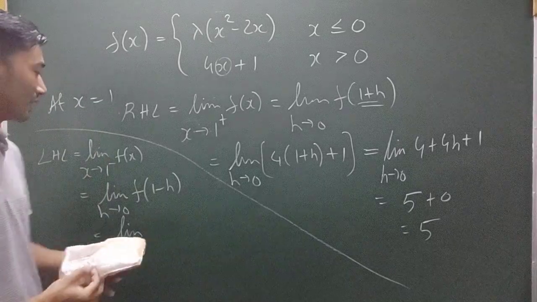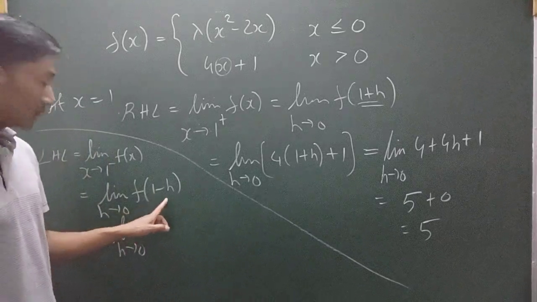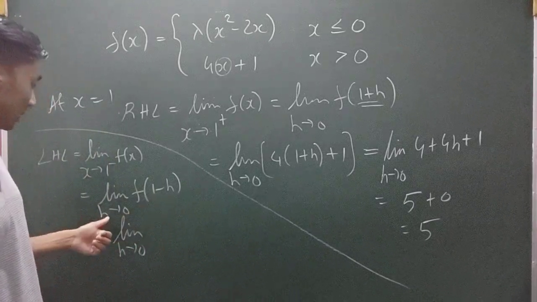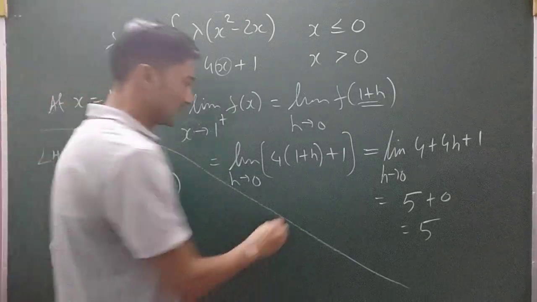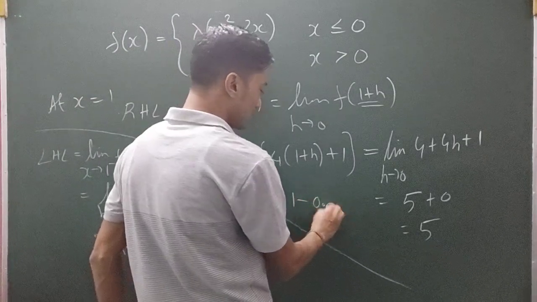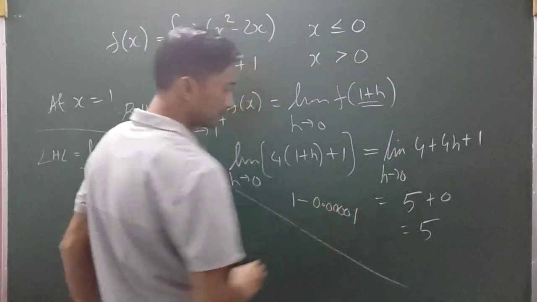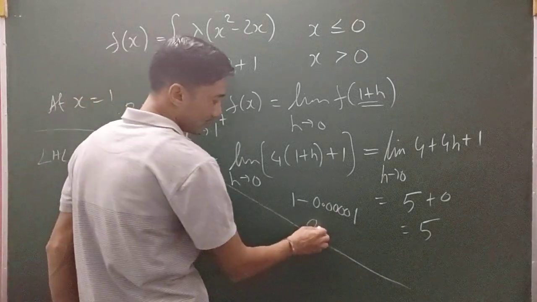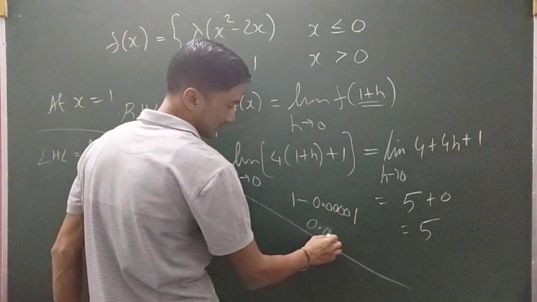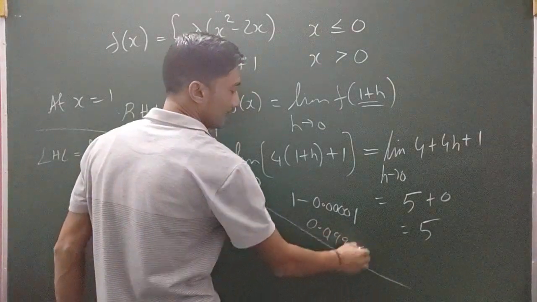Now again here, less than 1. But what is the value of h here? We know h is a very small interval. That means 1 minus 0.00001, that's going to be like 0.9999999.